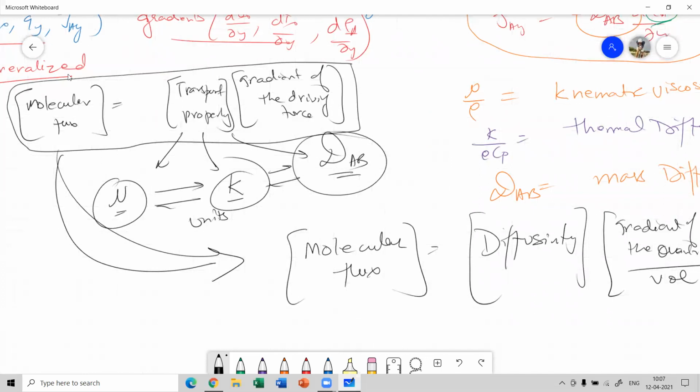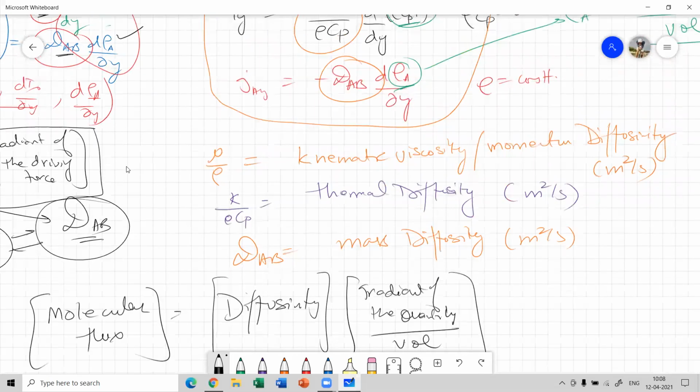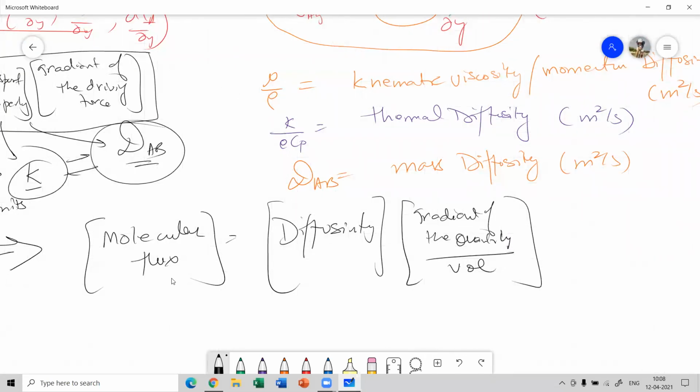Initially, it was molecular flux as transport property into the gradient of the driving force. Now, upon a bit of modification, it can be written as molecular flux as the diffusivity into the gradient of the quantity per unit volume.